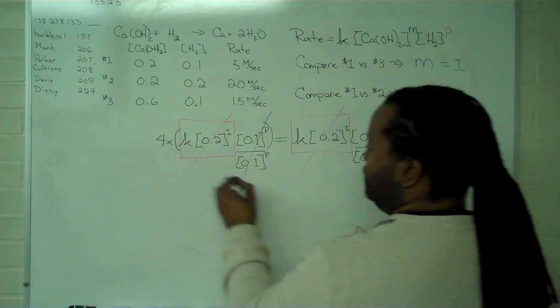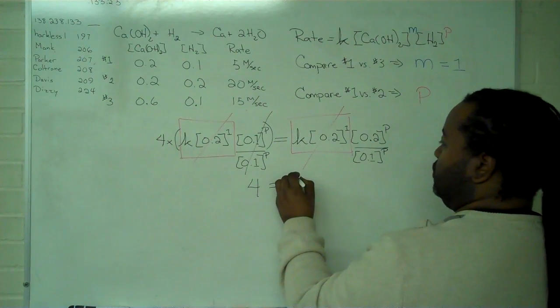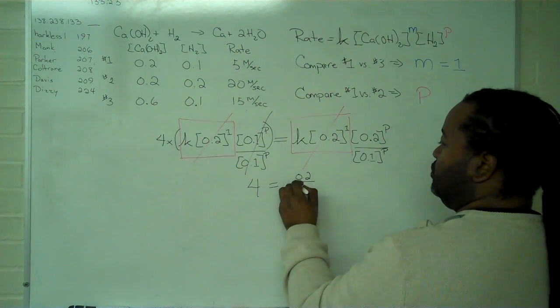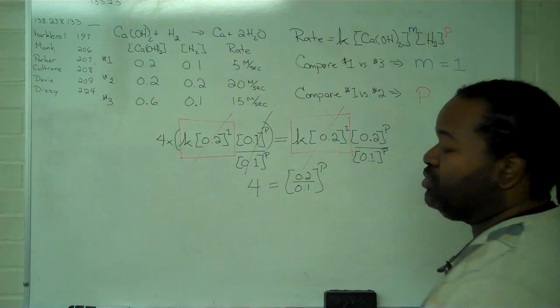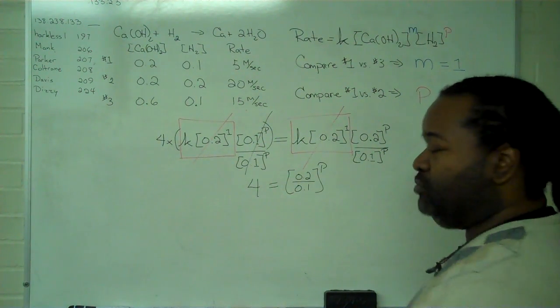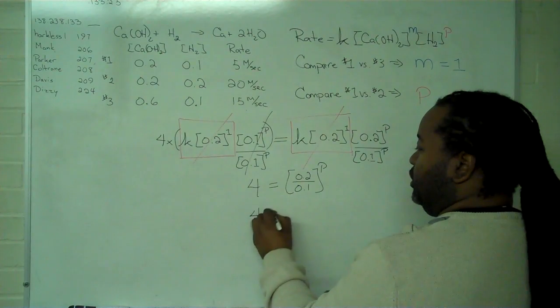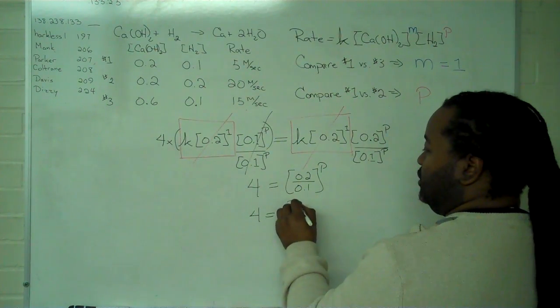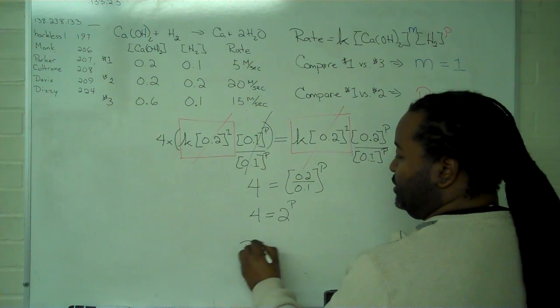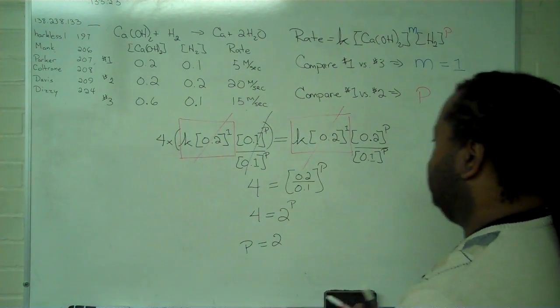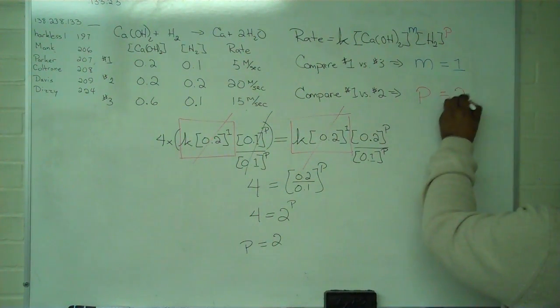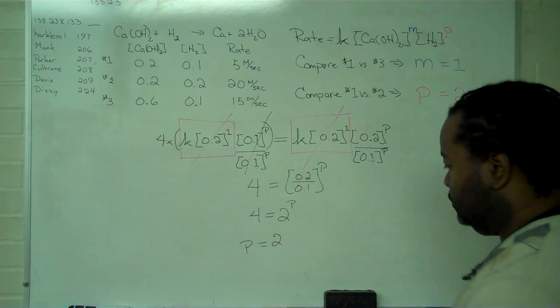And now that that cancels, I'm left with 4 equals 0.2 over 0.1. This is all raised to the p power. Well, 0.2 over 0.1 is just equal to 2. So I have 4 equals 2 raised to something. That something should be 2. And so now I know the order for hydrogen.